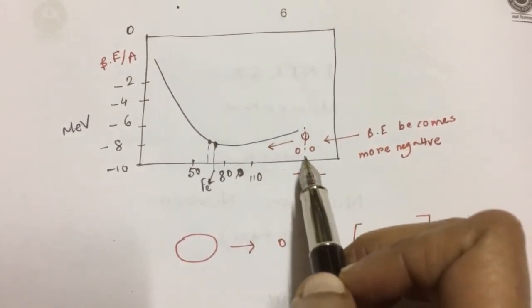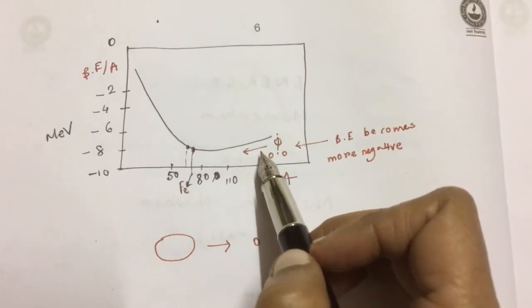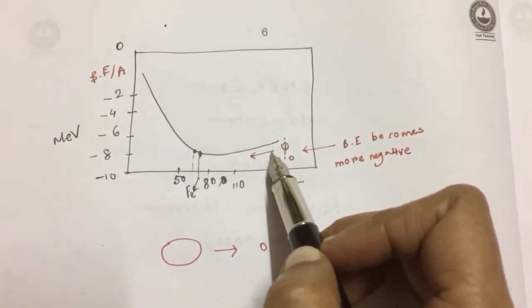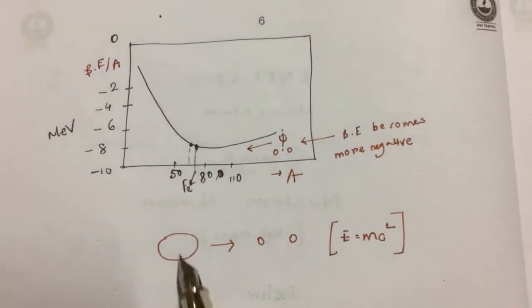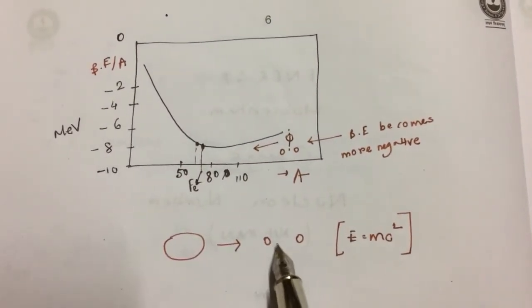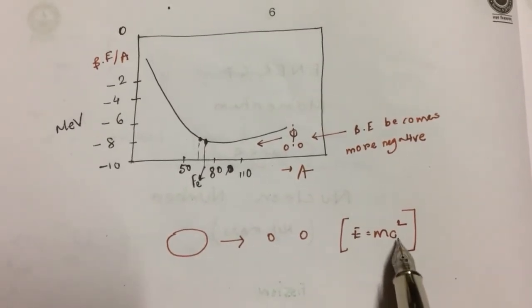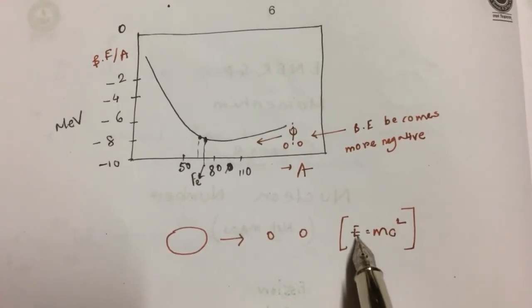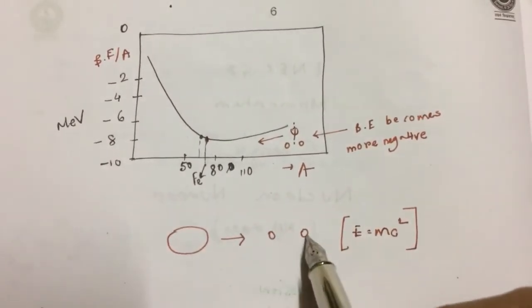So splitting up into two smaller nuclei means the binding energy is increased for this reaction. So when the bigger nucleus splits up into two smaller ones, because of the formula E equal to mc square, as the mass is reduced, this m is converted into some energy to increase the binding energy of these smaller fragments.